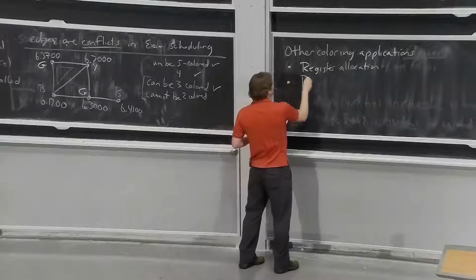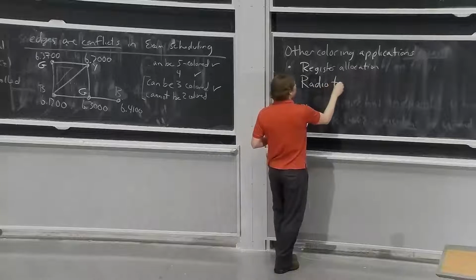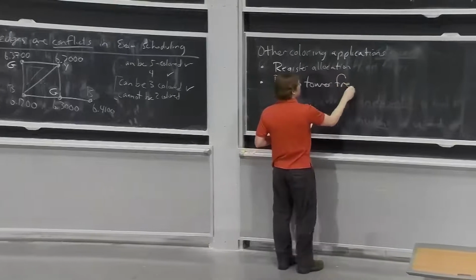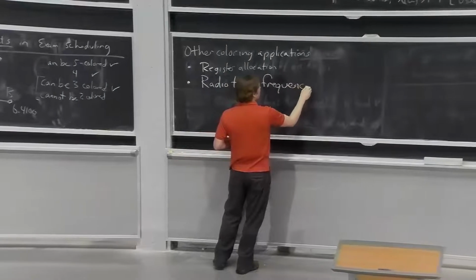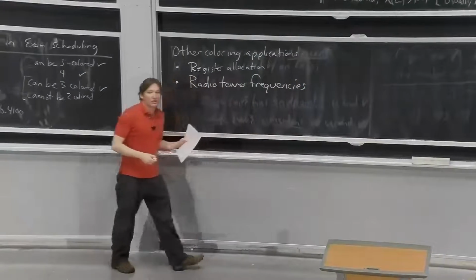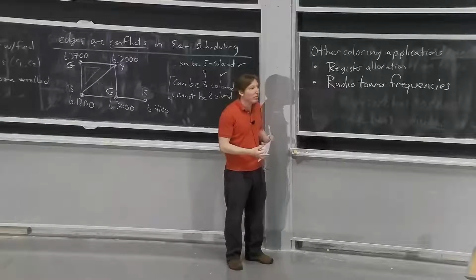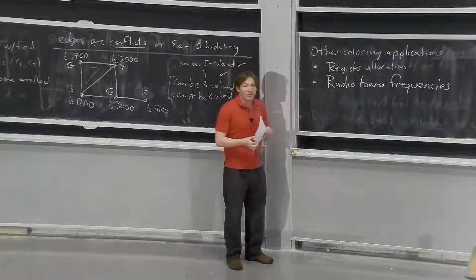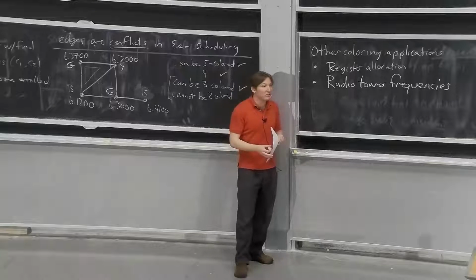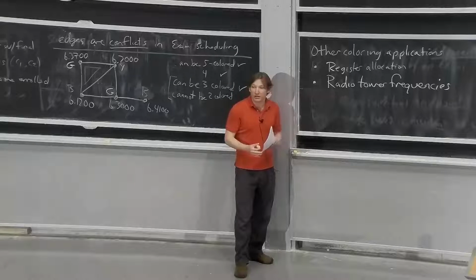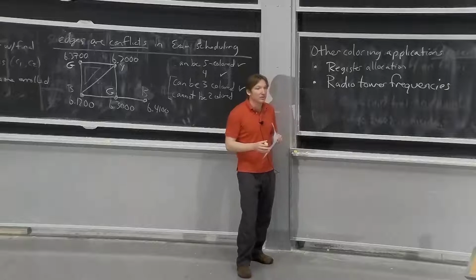Another one is radio tower frequencies. If each tower in a radio network needs to broadcast with some frequencies, well, if two towers use the same frequency that can reach the same places, then they're going to conflict. You're going to get static in the noise. You're getting noise from two different places at once.